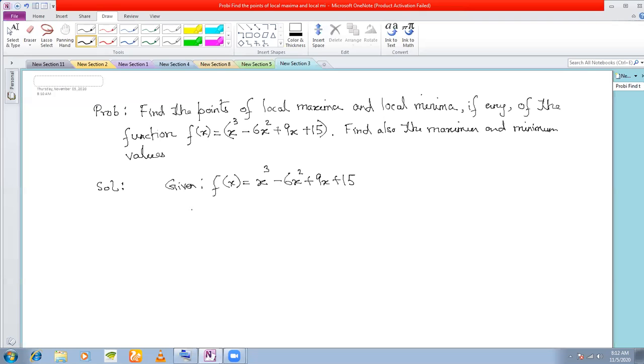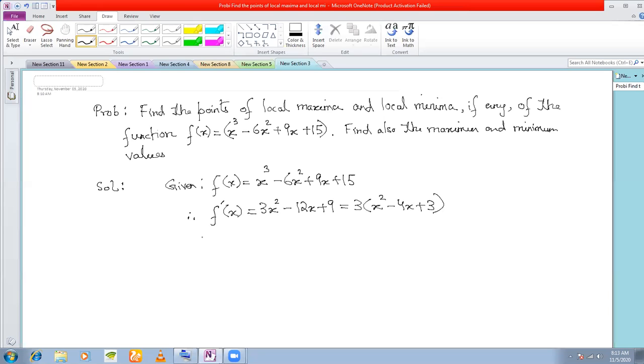So first, when we are using the second derivative test here, okay, we first find out f dash x. Differentiate, find out 3x square minus 12x plus 9, which can also be written as 3 times x square minus 4x plus 3.